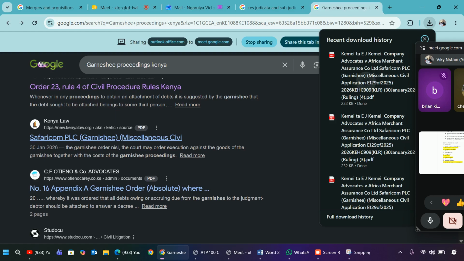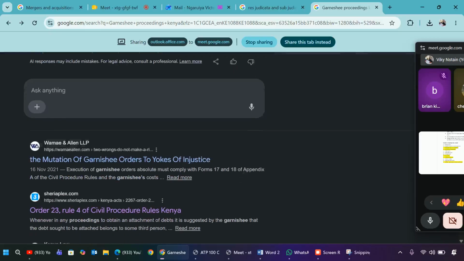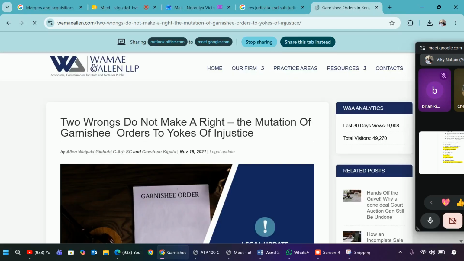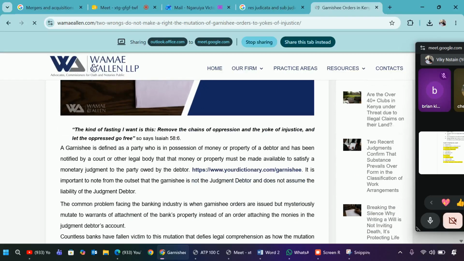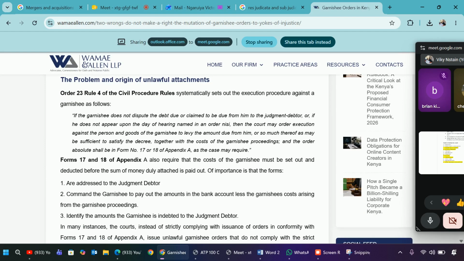Let me open the decision so that we see how the parties moved the court. My laptop is freezing. Okay. There is an article written by Wamai and Allen Advocates.